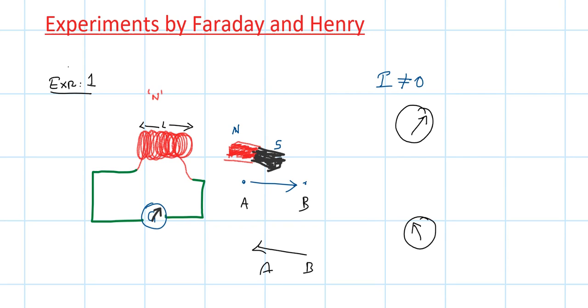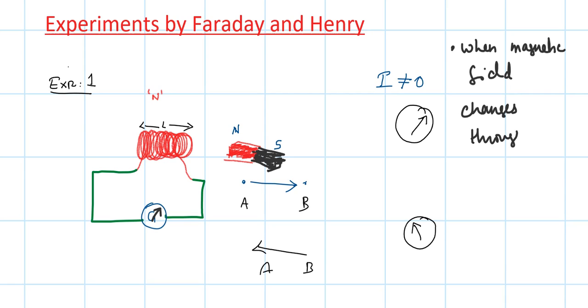So the conclusion drawn from this experiment is that when the magnetic field changes through a coil, an EMF is induced.